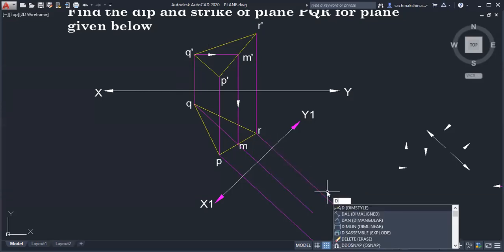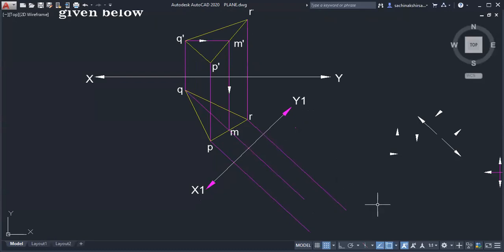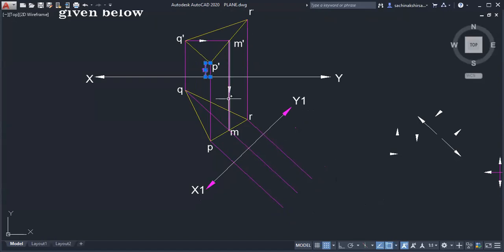Suppose you want to mark point P. First let us start with point P. Take the distance from XY and mark it.